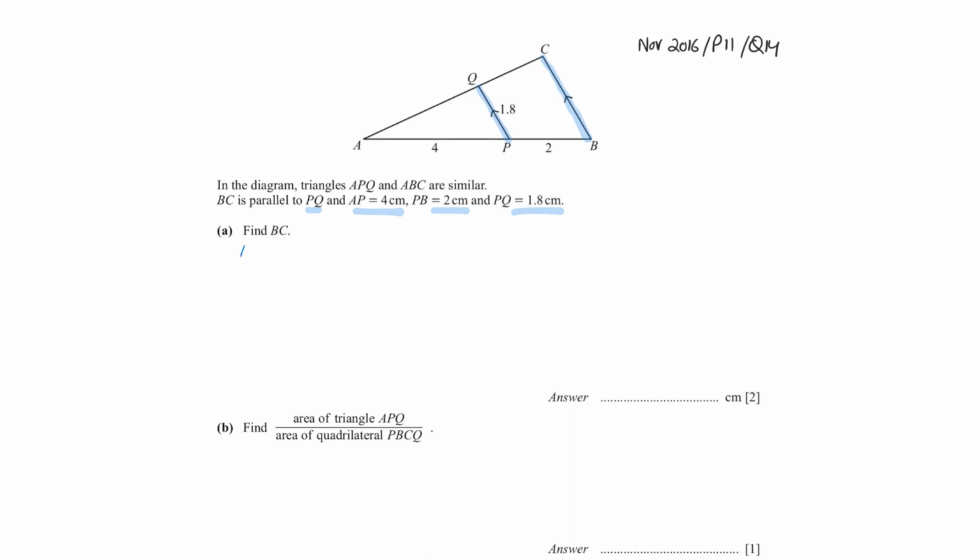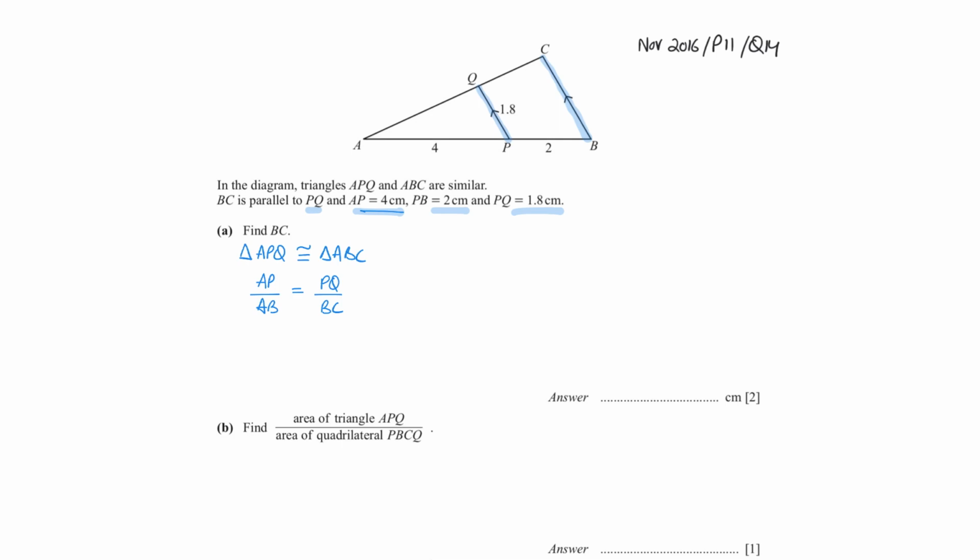If we know that triangle APQ is similar to triangle ABC, then the ratio of the corresponding lengths must also be equal. The length that is given to us is AP, so we will take the ratio of AP over AB is equal to PQ upon BC.